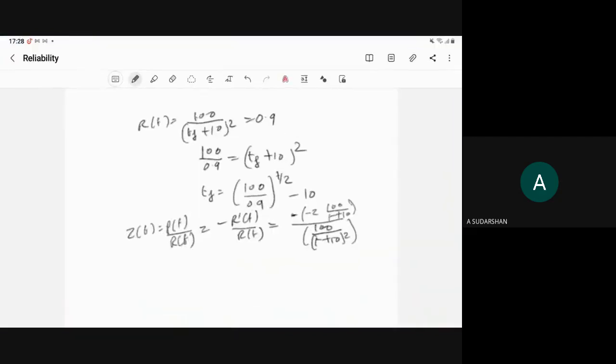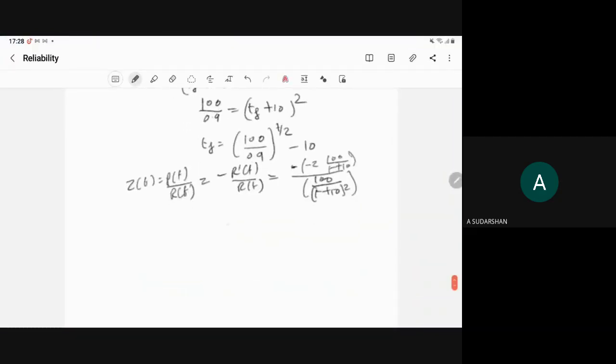Actually, in the slide we have a not good notation, that's why I'm writing here. So this is Z(t).